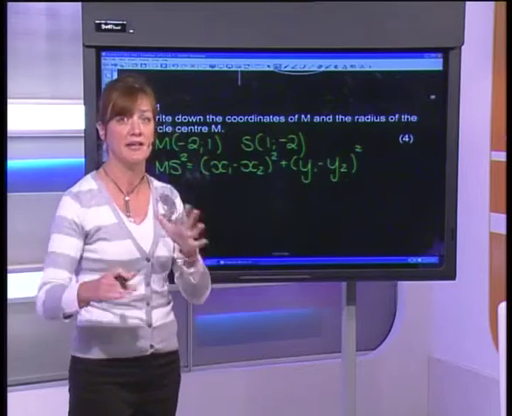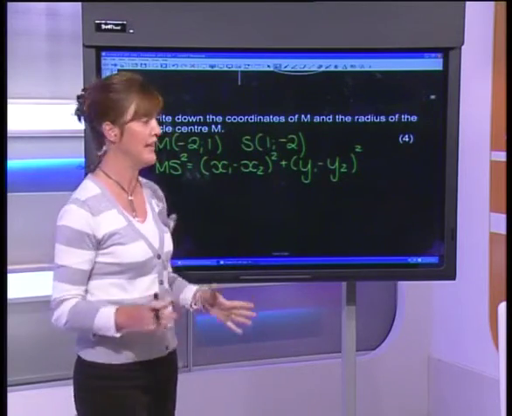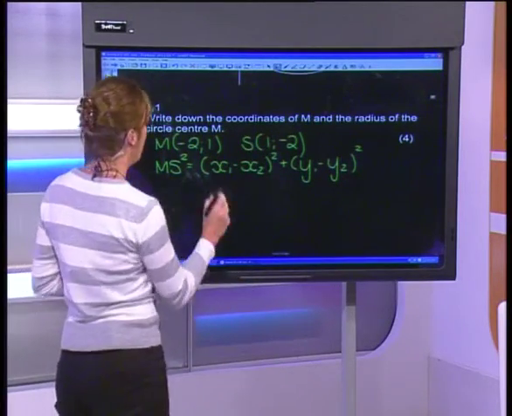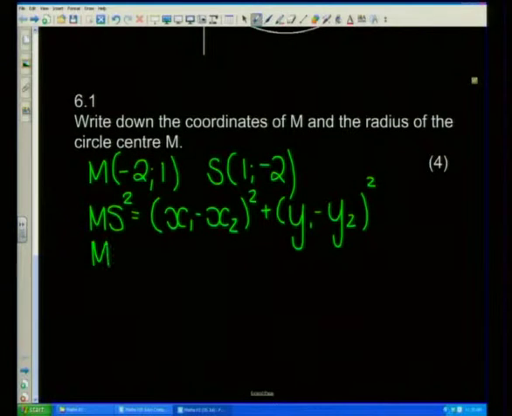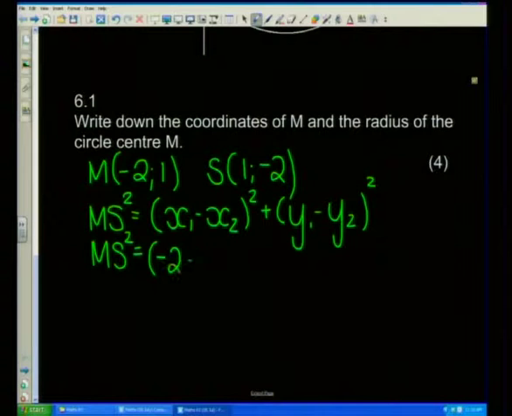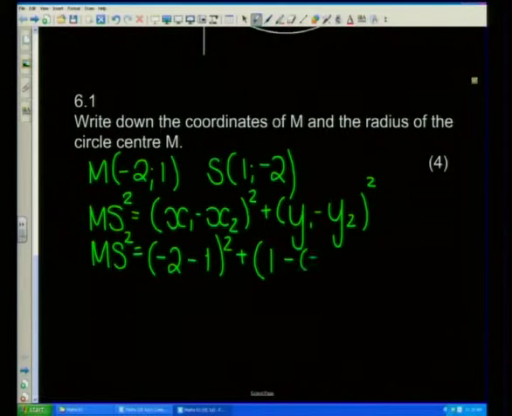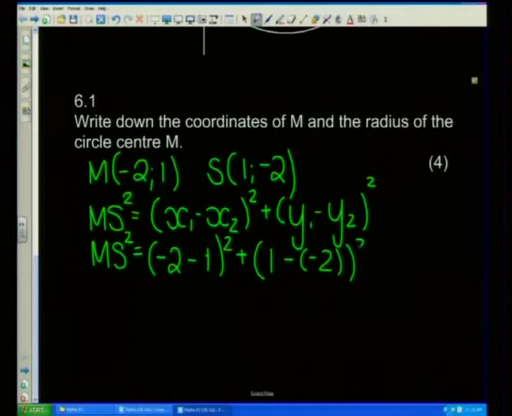You've got lots of subbing to happen here, so you've just got to be extra careful with that, okay? Right, x1, so MS squared is going to be negative 2 minus x2, which is positive 1 squared. And I've got y1, which is 1, minus negative 2 squared.